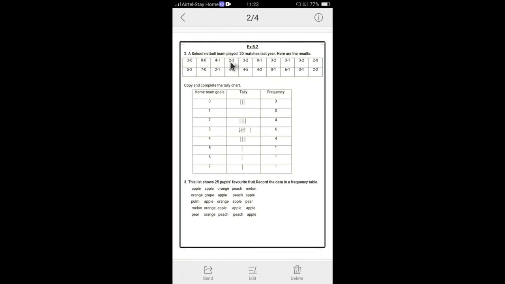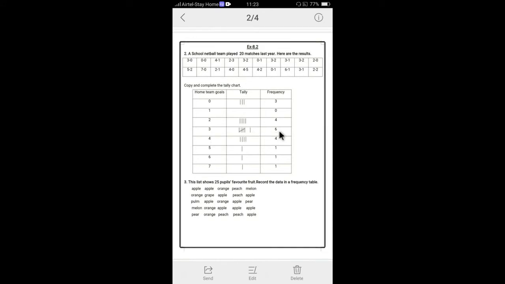2, your score was 2. If you see that, 1, 2, 3, 4, you can see that 4 we have written. And your score 3: 1, 2, 3, 4, 5, 6. You can see that you have written 6 here.